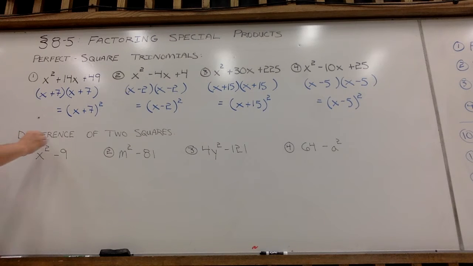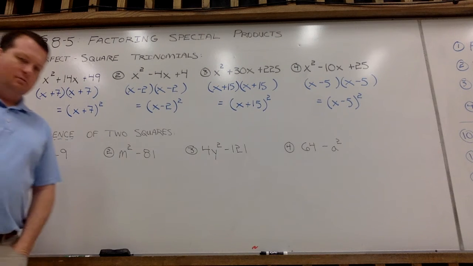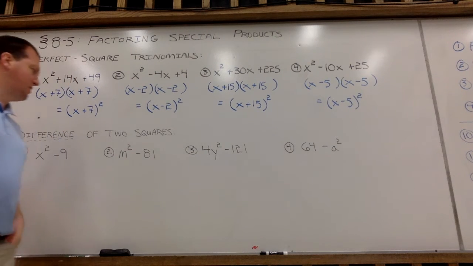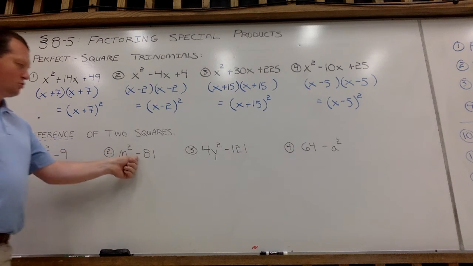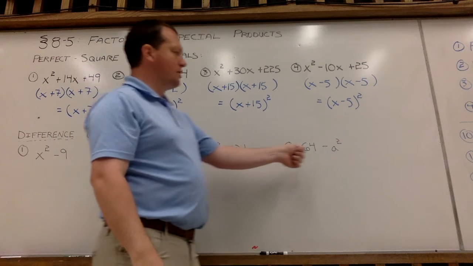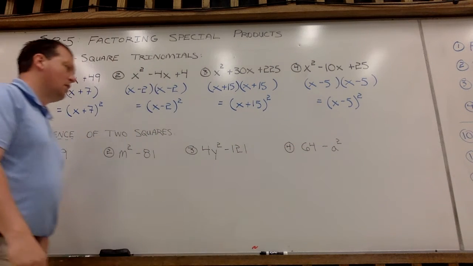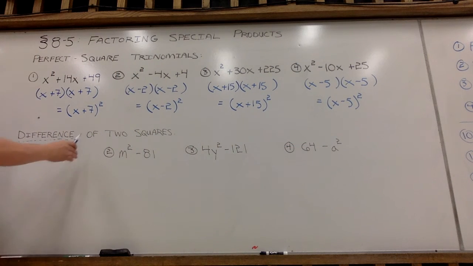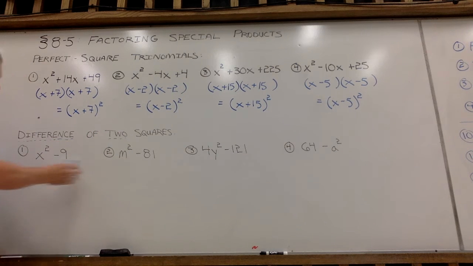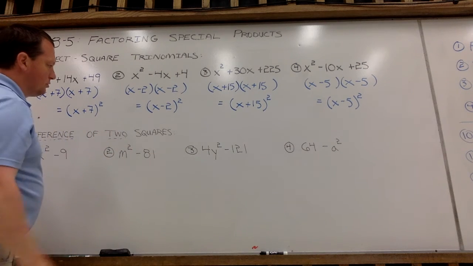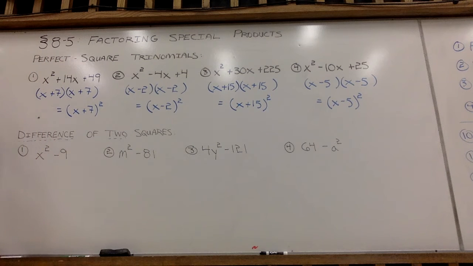Notice here, I have some key words. Difference, which in our little math world, means subtracting. So notice subtraction, subtraction, subtraction in all four examples. And it's the difference of two squares. Notice we only have two terms all the way through.